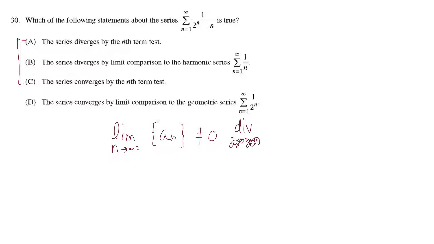But looking at this, here 1 is stationary and 2 to the n is growing super duper big as n approaches infinity. So here we know that this series is not going to diverge. So we can go ahead and remove those 2 because we've used it.